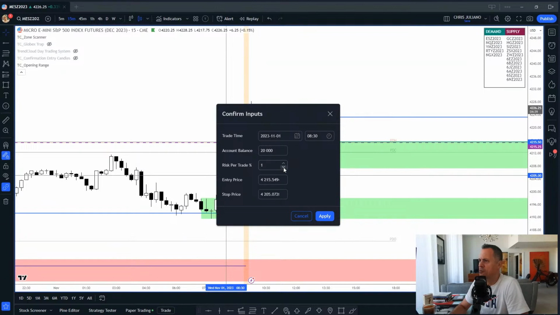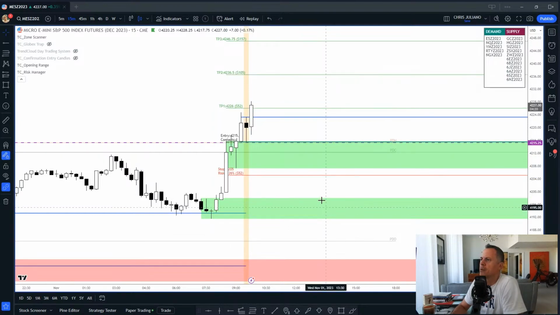Can even do 0.5% here. Oops, that's 1.5. 0.5% of your $20,000 account, one contract. So you can only trade one contract. That's a 0.5%, that's okay. It's $52 there.